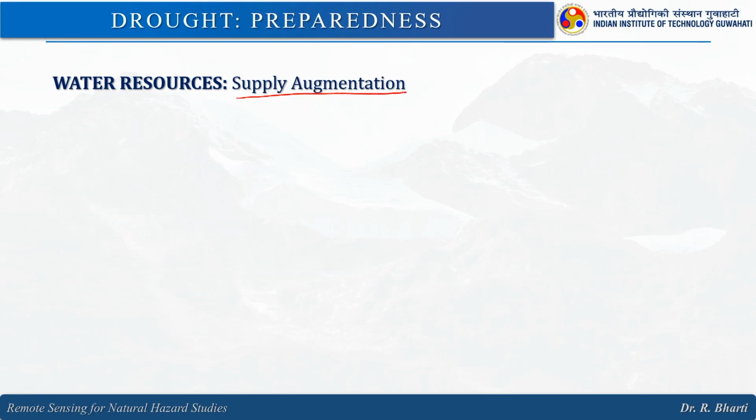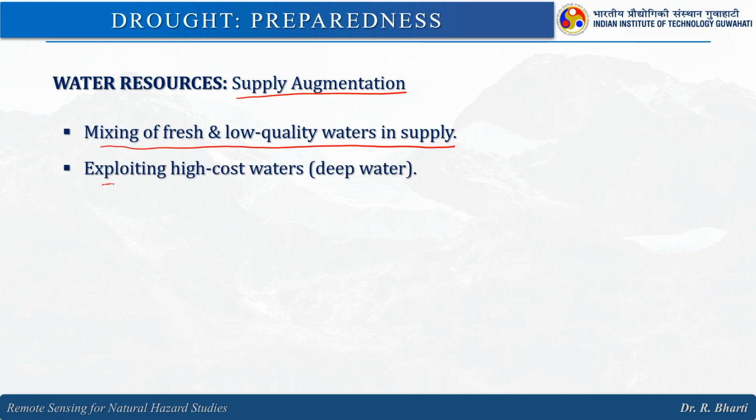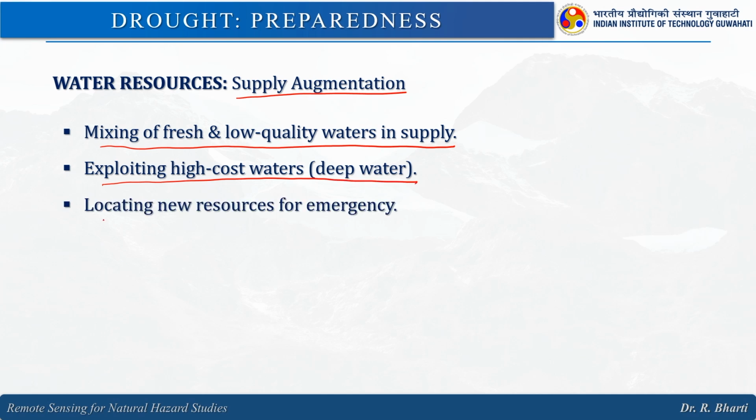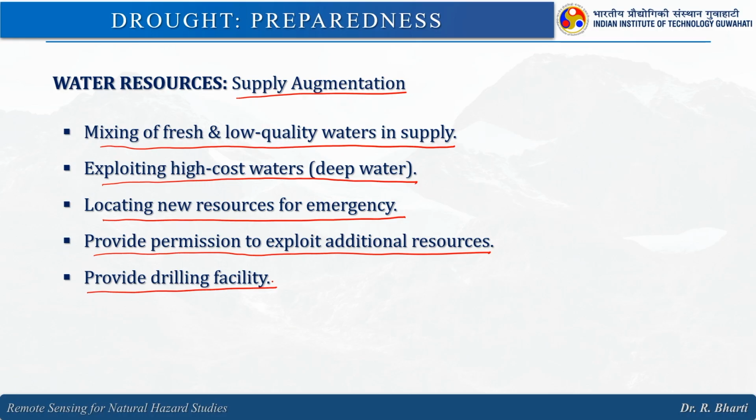Then supply augmentation: mixing of fresh and low quality waters in supply, exploiting high cost water or deep water, locating new resources for emergency, providing permission to exploit additional resources, and providing drilling facilities that will help people directly extract groundwater.